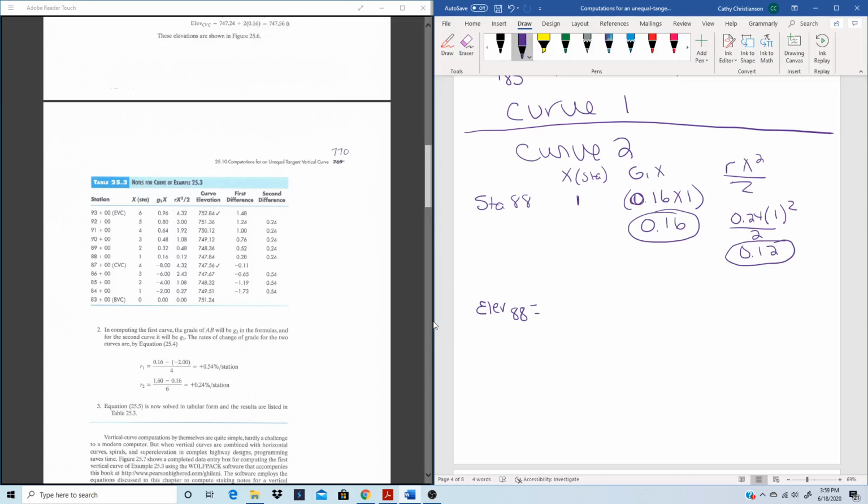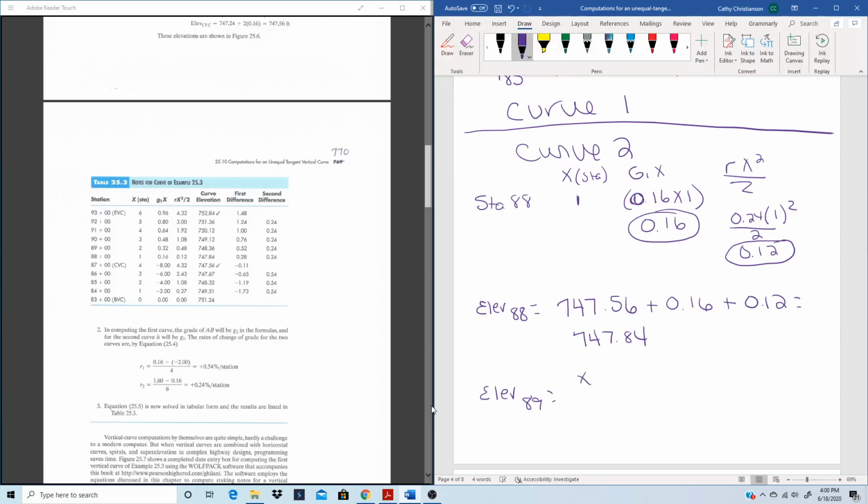The beginning vertical curve for 88 is going to be that CVC, which is 747.56, plus G1 times X, so that'd be 0.16, plus Rx squared divided by 2, which is the 0.12. If you add those together, your elevation should be 747.84.